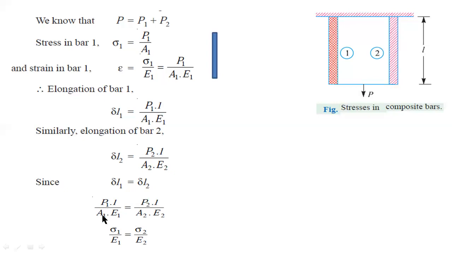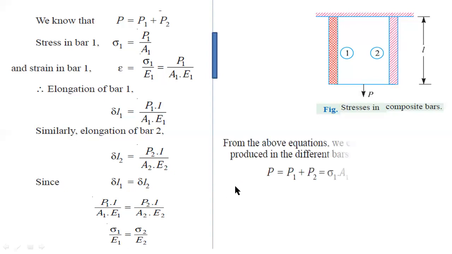Here P1 by A1 is the stress, and P2 by A2 is the stress. The stress is also the same in compound or composite bars. So sigma 1, P1 by A1, is the stress in bar 1, and P2 by A2 is the stress in bar 2. This is the formula for composite bars.